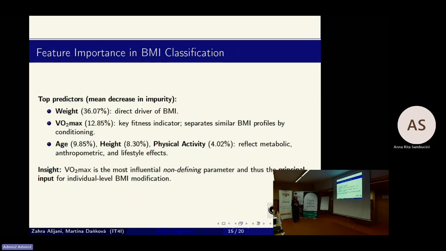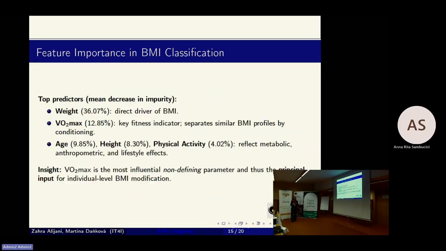Then we needed to know what the feature importance is for BMI classification. We used the random forest algorithm to find the feature importance. I think in the beginning we had more than 20, but we had to filter them out to find the most important features. They are ranked by weight, then VO2 max, which is the key fitness measure and separates similar BMI by conditioning.